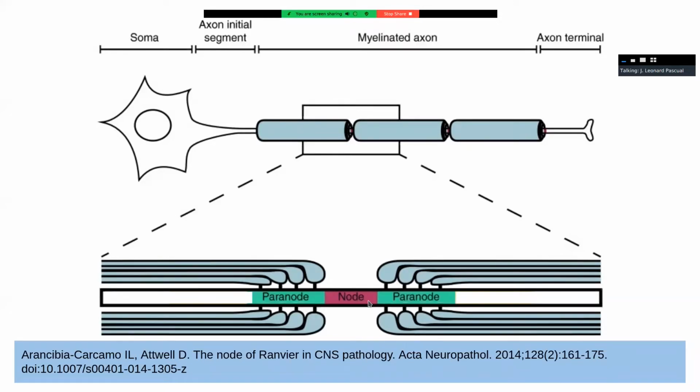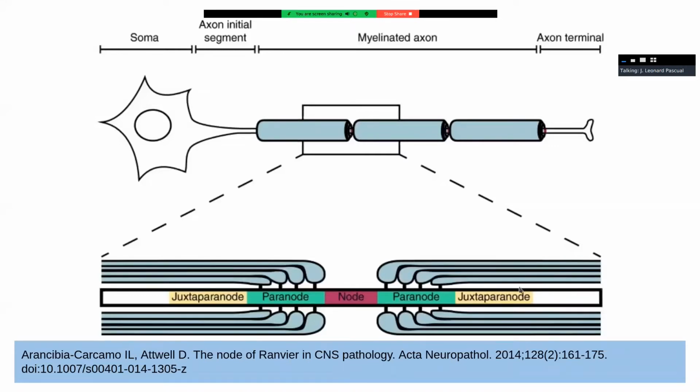This is what we call the paranode, where those villi of the Schwann cell will connect with the axon. So that's called the paranode. And extending beyond, with no contact with the extracellular fluid, because of this form, disconnections with the Schwann cell make sure that the electrolytes here are locked in inside here.